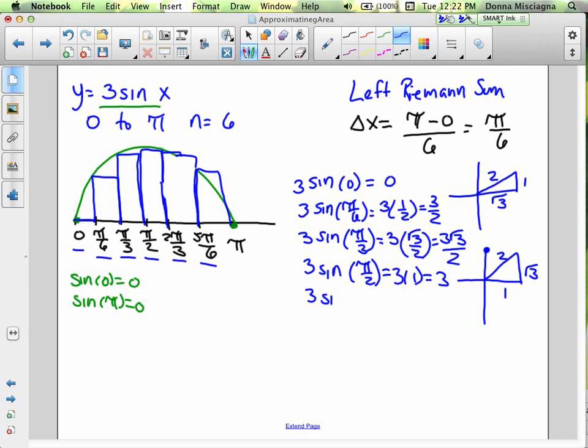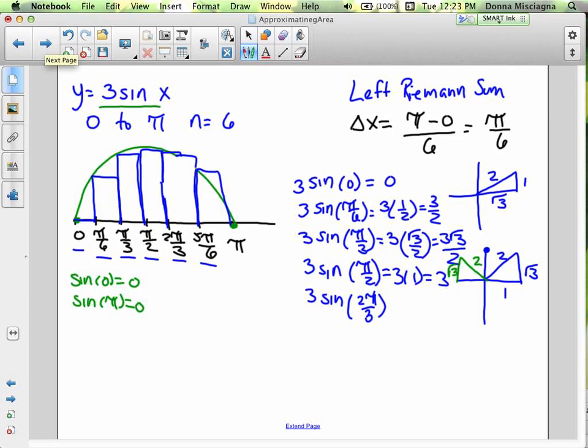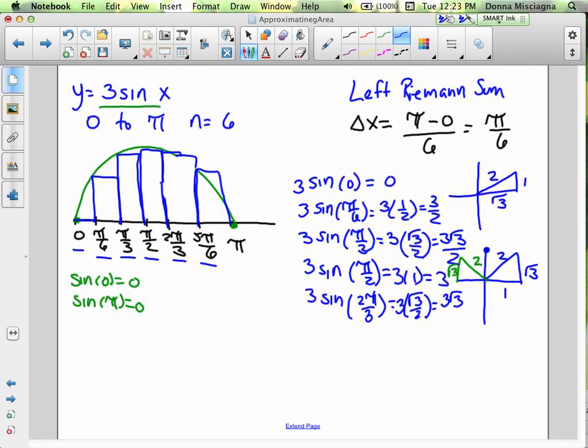3 sine 2 pi thirds. All right, so 2 pi thirds is over here. This is still going to be the square root of 3 over 2, and it is positive because the y is positive. So 3 times the square root of 3 over 2, or 3 square roots of 3 over 2.